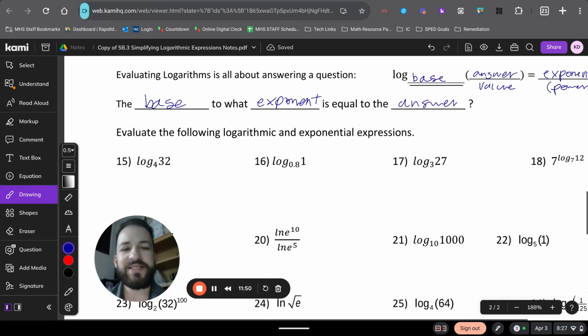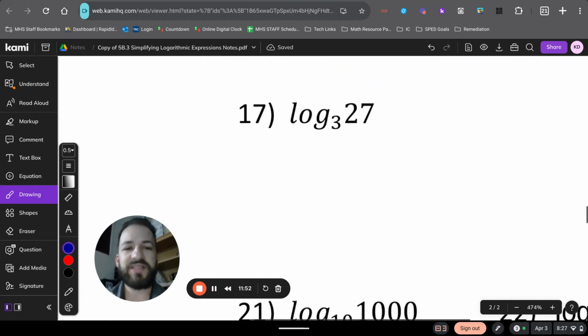So let's focus in on a log like number 17. We have log base 3 of 27. So let's think of that question. This base right here is my base, and I want to know what this base 3 to what exponent is equal to 27.